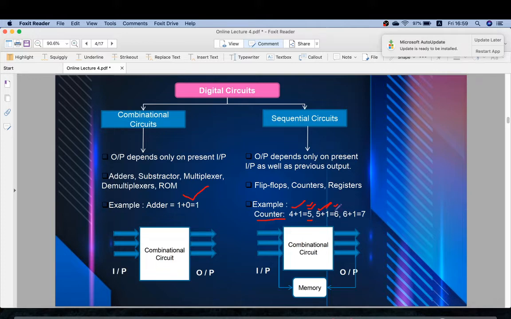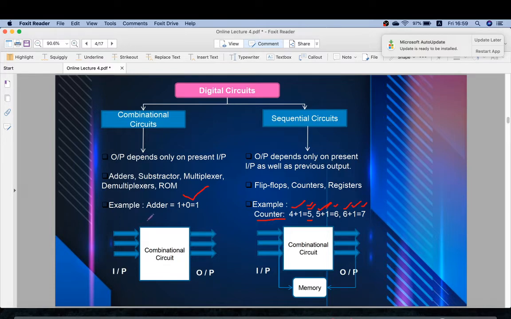Same, 6 is the output, so 6 plus new input 1, the answer is 7. So in the counter, we always add something to the answer of the previous procedure.